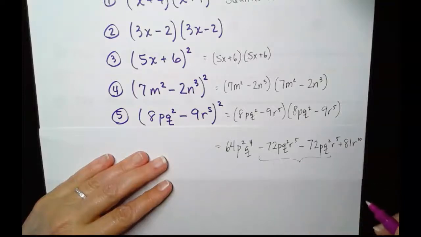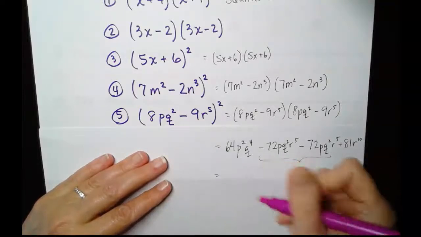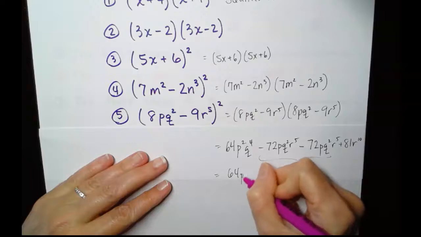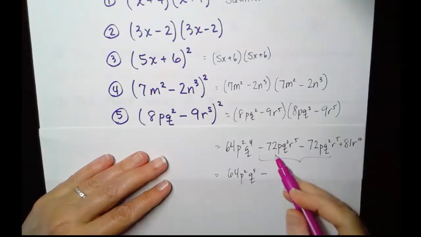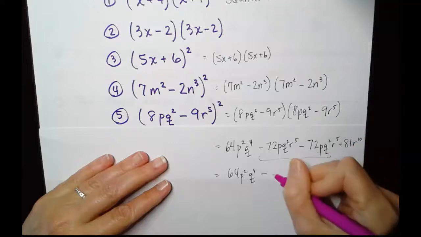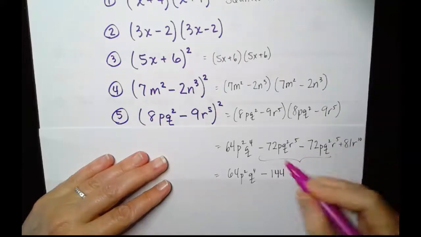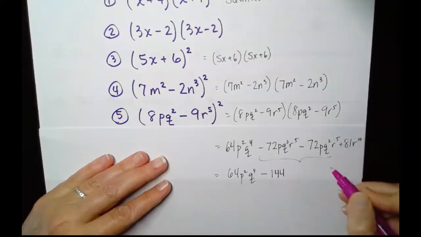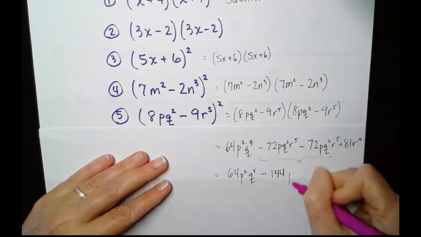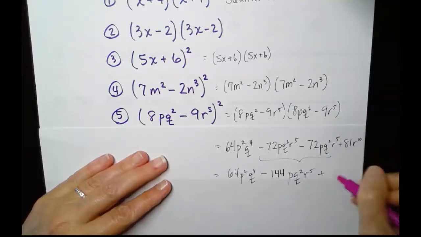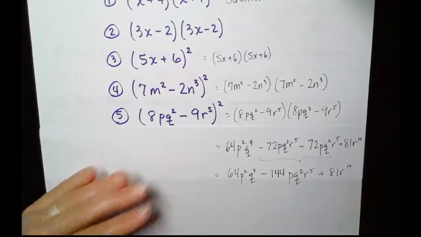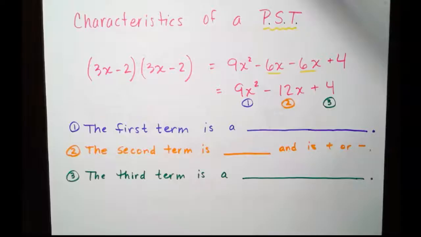Once again, like terms in the middle, they're just doubling. So we end up with 64p squared q to the fourth minus 144p q squared r to the fifth plus 81r to the 10th. Remember, I'm adding, so the exponents do not change when you add. So let's talk about the characteristics of a perfect square trinomial, and then we're going to start breaking them down.